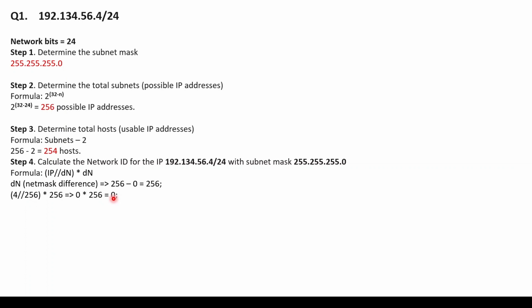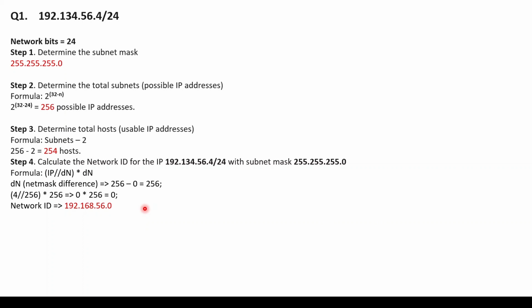So the IP address begins from 0. Our network ID is going to be 192.168.56.0, and it is the first IP address in the range of the network.